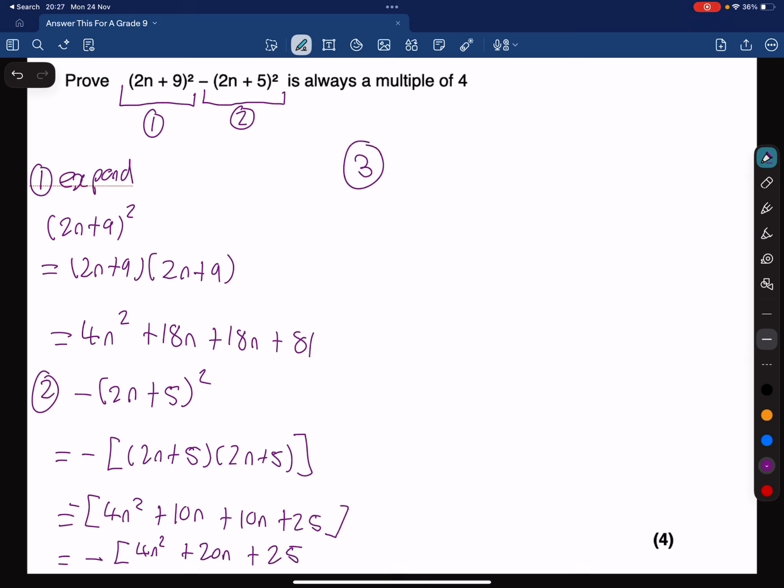And step 3 is to do the subtraction, essentially. So we have 4n squared plus 18n, well, not 18n, 18 plus 18 is 36n. Sorry, I didn't go through the whole way there.